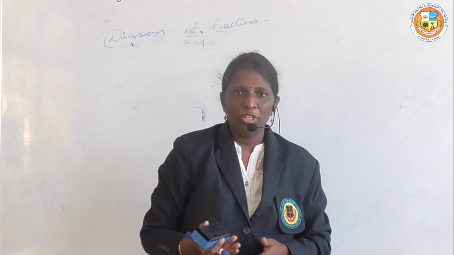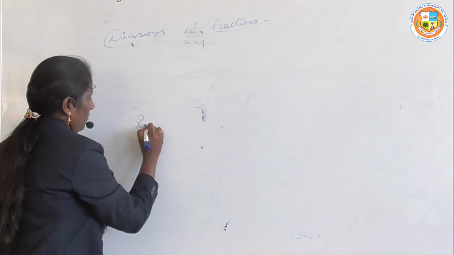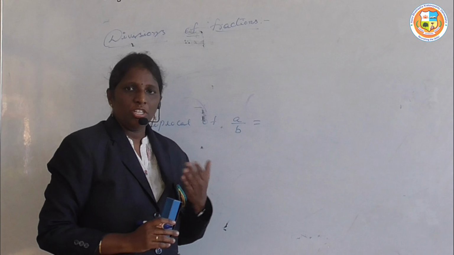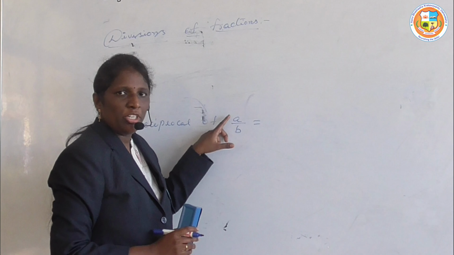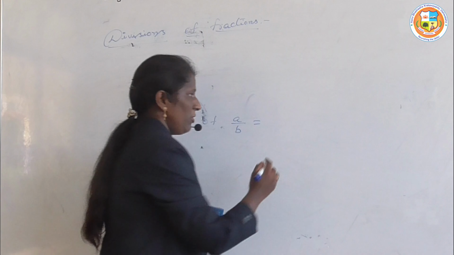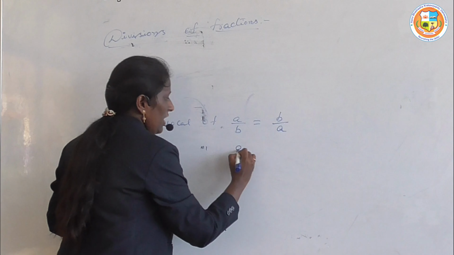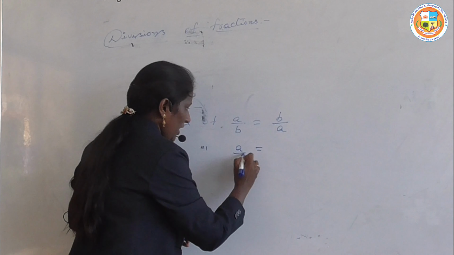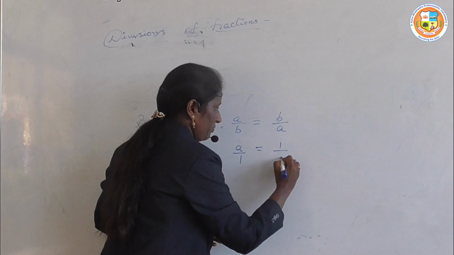That means the numerator becomes the denominator, and the denominator becomes the numerator. The reciprocal of a by b is b by a. Now the reciprocal of a: a is nothing but a whole number. If you write 1 under it, every whole number is also a fraction, and the interchange gives 1 by a.